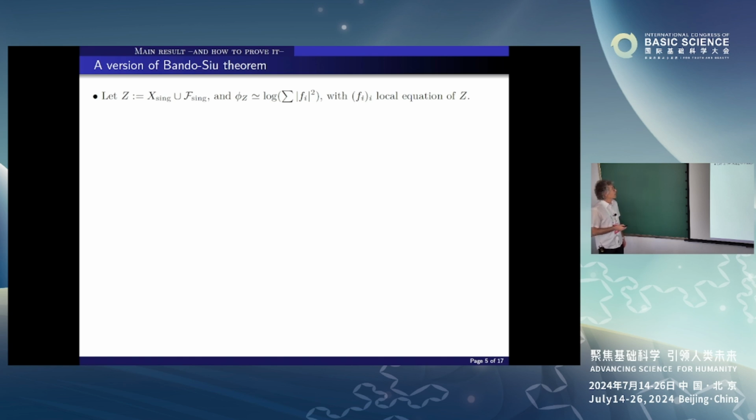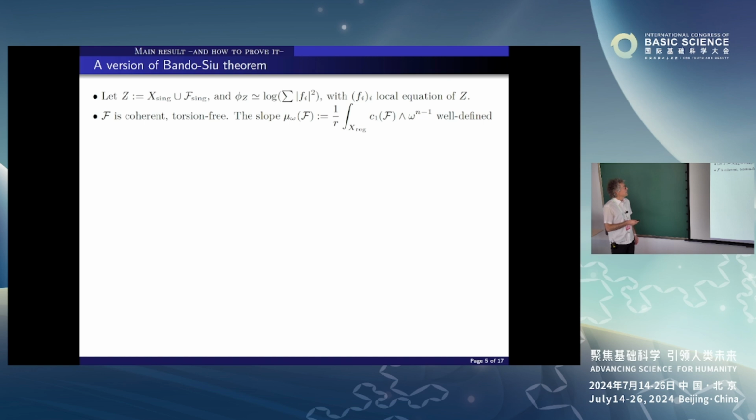Now let's get closer to the main theme of the talk. If we have an analytic set in general, here I took the singularities of X and the singularities of F, put them together and call this Z. Then we can construct a function, φ_Z, which has logarithmic poles along this subset. So the f_i's here are the local equations of Z. I wrote it, of course, locally, but then you can globalize this again and call that φ_Z.